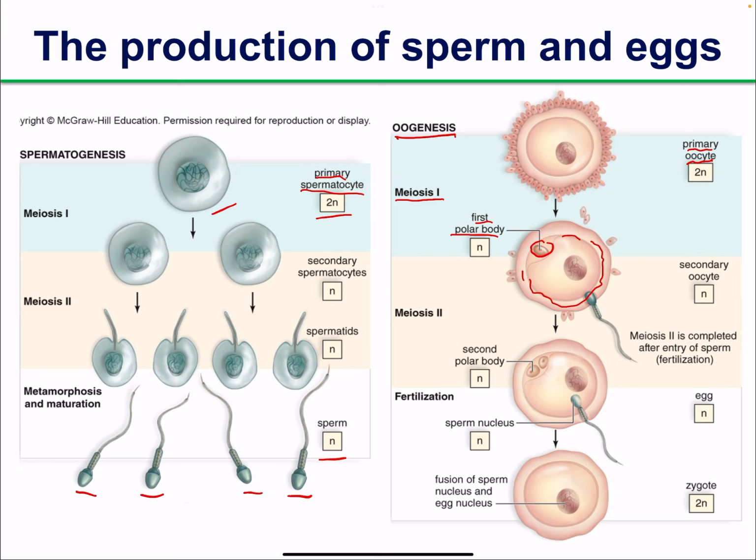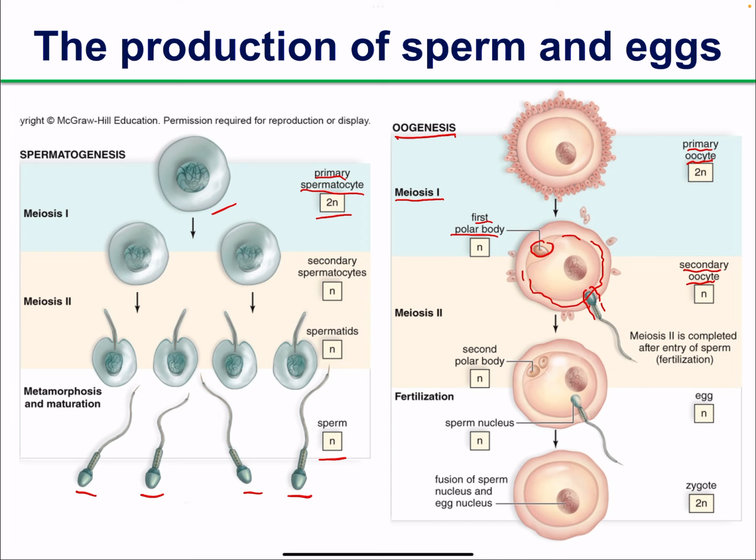And then when the cell is released during the monthly cycle, this secondary oocyte is going to resume the process of meiosis. And what is going to trigger the completion of meiosis? It's actually the sperm cell coming here and trying to fertilize the secondary oocyte.